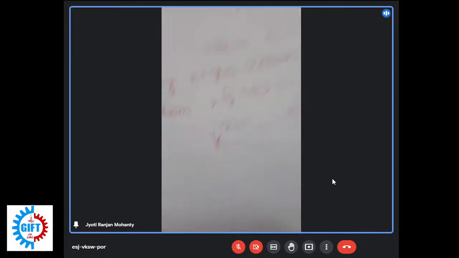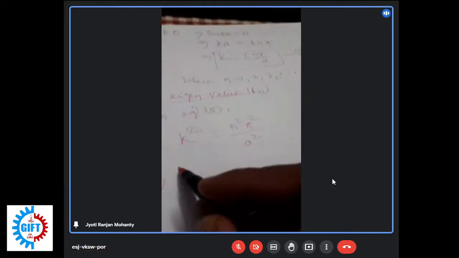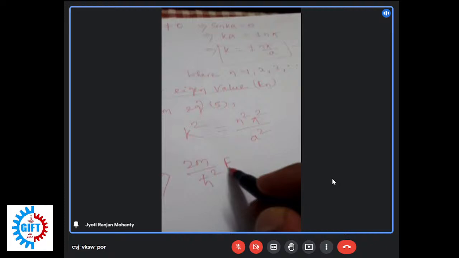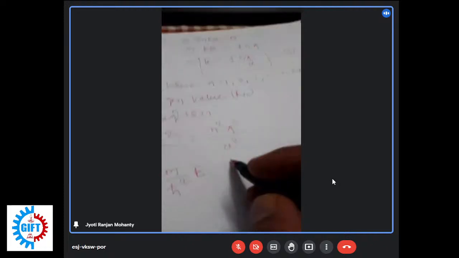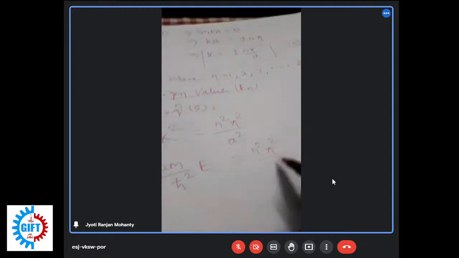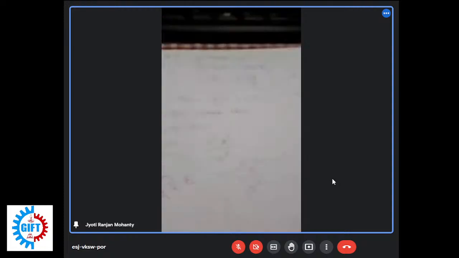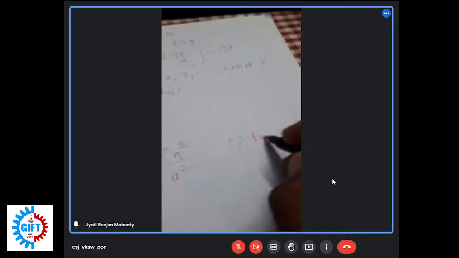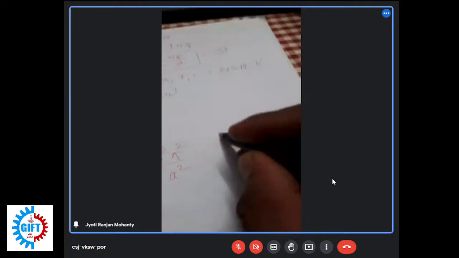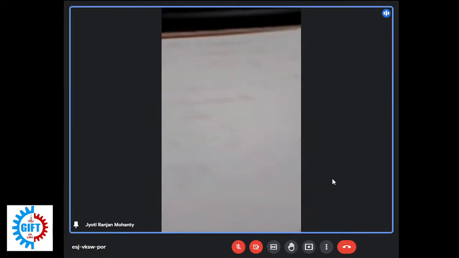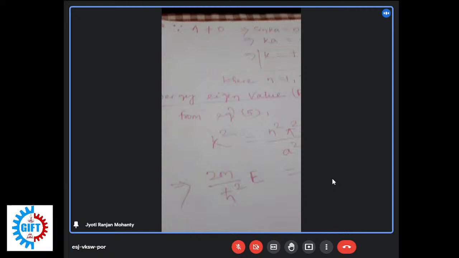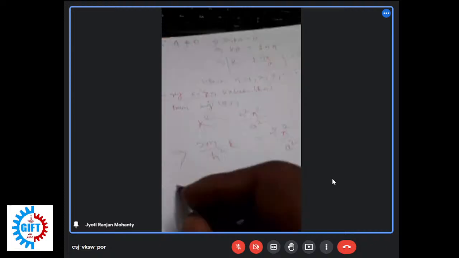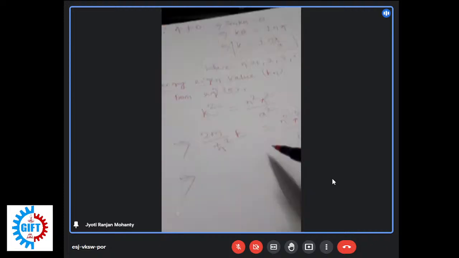Now, from equation 2, we know k square is equal to 2m by h cross square into E. So here the right hand side will remain the same.